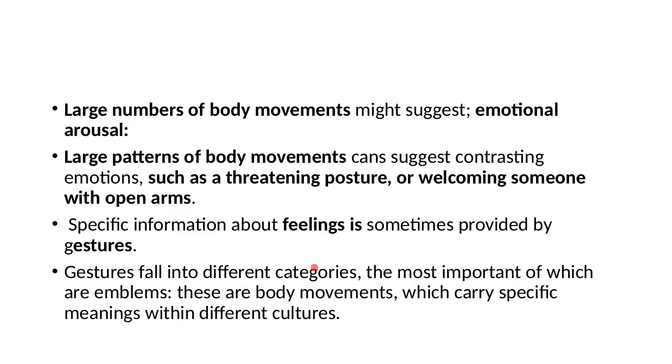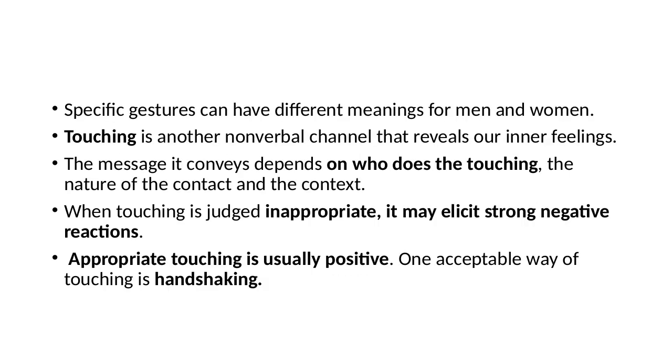Gestures fall into different categories, and the most important of which are emblems. These are body movements which carry specific meaning within different cultures. So we can still use gestures to communicate and show different types of information. So specific gestures can have different meaning for men and women.